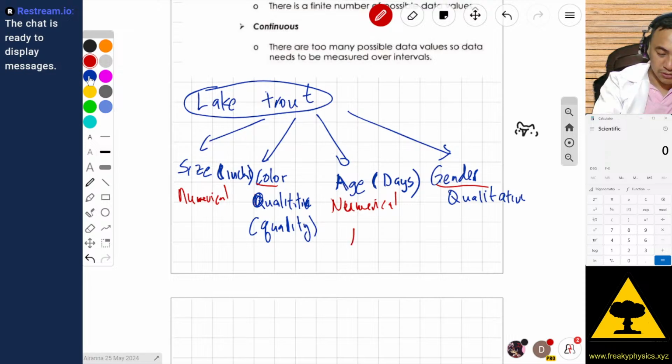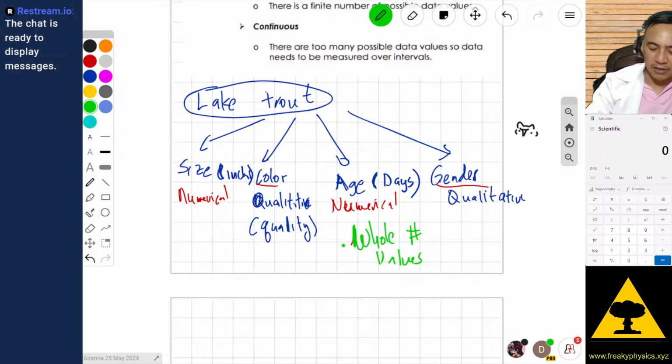Sorry, I'll use green here. So this is whole number values, right? In other words, there's a maximum possible value as well. A fish cannot live infinitely long, right? So there's a maximum age. So what does this mean?